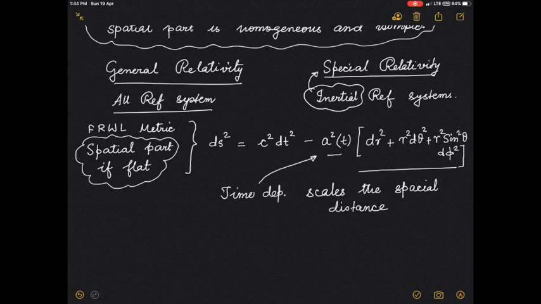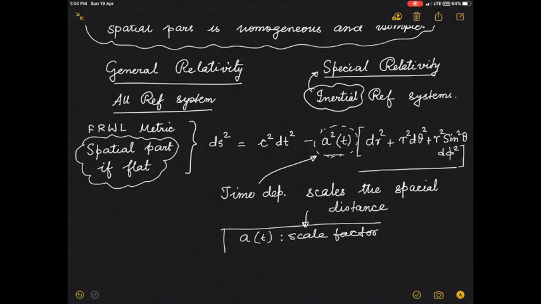What I have written in the square bracket here is the spatial distance between 2 points, as we have discussed earlier also. This only scales the spatial distance between 2 points differently at different times. So this is called a scale factor. a(t) is called the scale factor just because of the fact that it scales the distance between spatial points differently at different times.